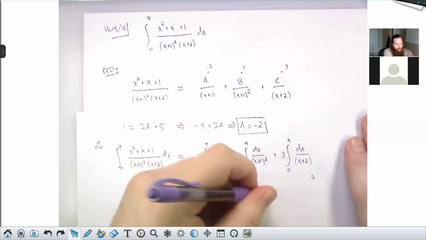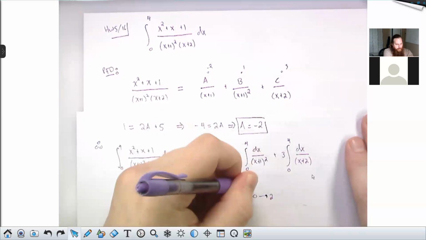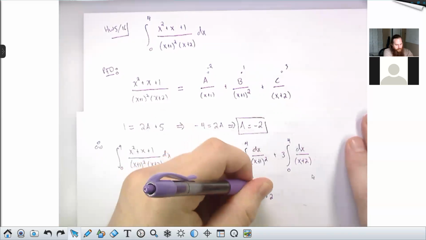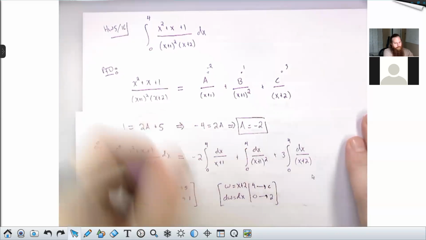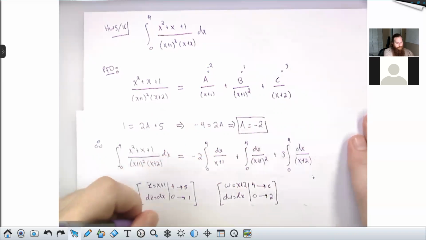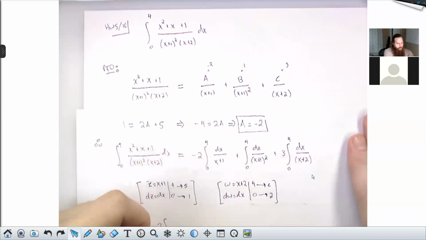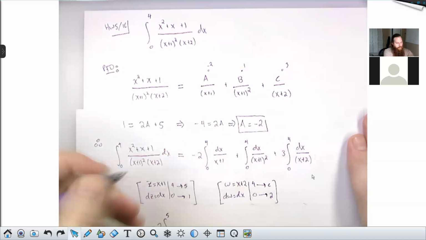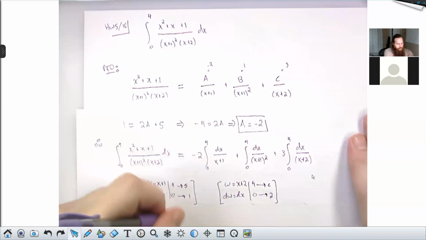The lower bound 0 will go to 2. The upper bound 4 will go to 6. So I get negative 2 times the integral from 1 to 5, 1 over z dz, or dz over z.